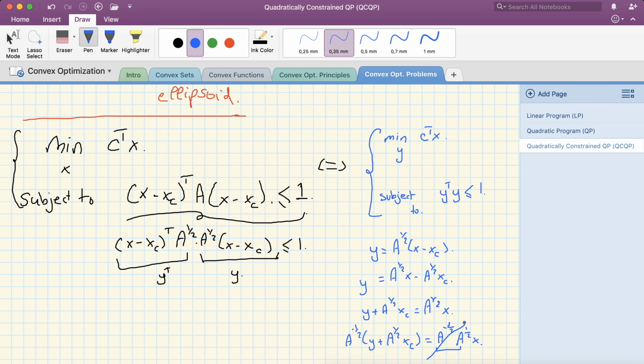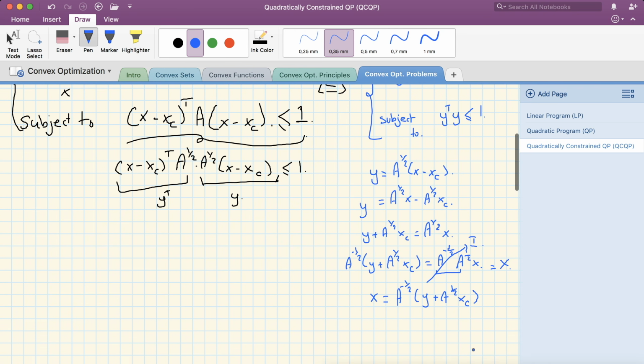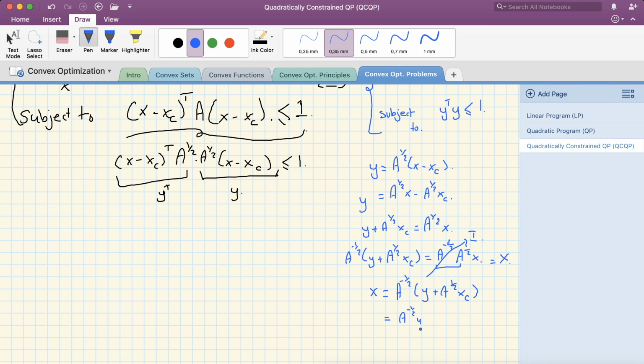Now those two cancel out to give us the identity matrix, which leaves us with x. And there you go. Your x now is the left-hand side. Try to expand it. A minus half y plus, again, A minus half times A half is identity, which leaves us with xc. So we can say that my x is equal to xc plus A minus half y, right?